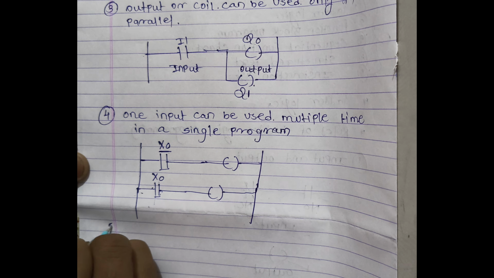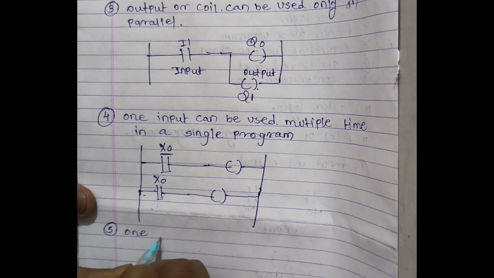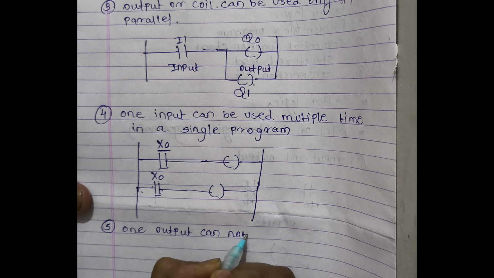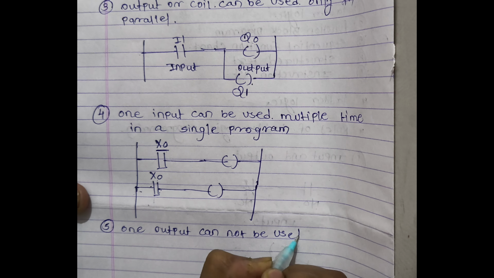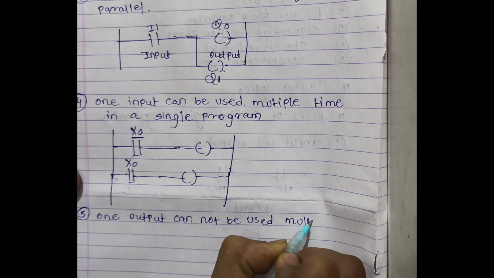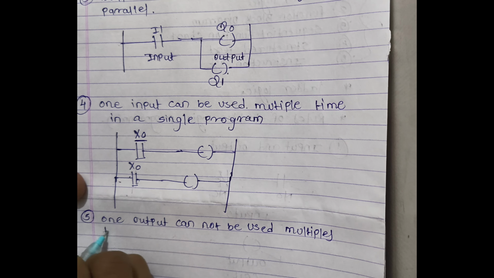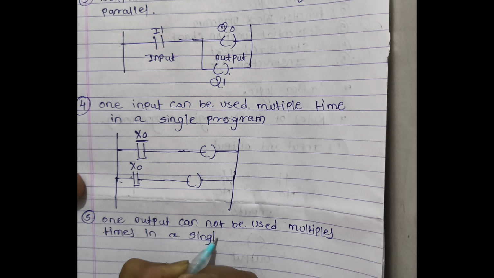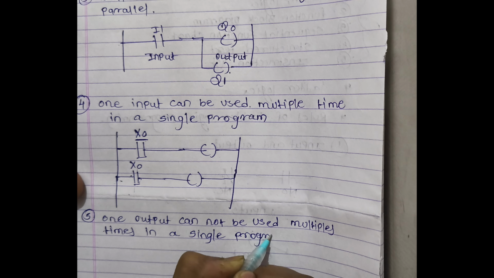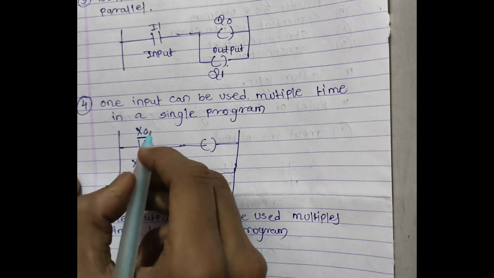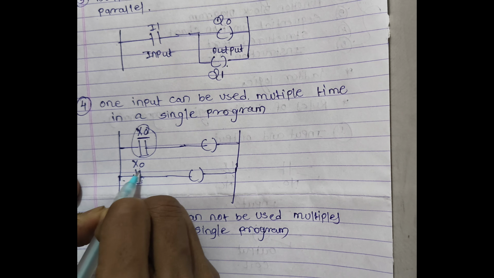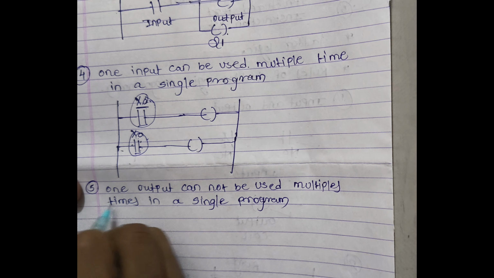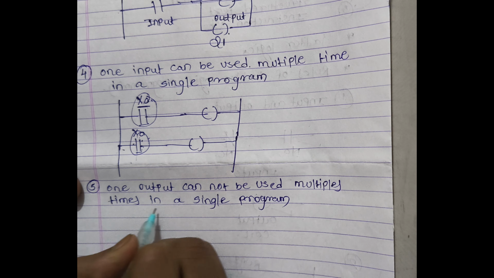Then the next rule is rule number 5. One output cannot be used multiple times in a single program. In the previous rule we used the same input, with the same address, but one output cannot be used multiple times in a single program.